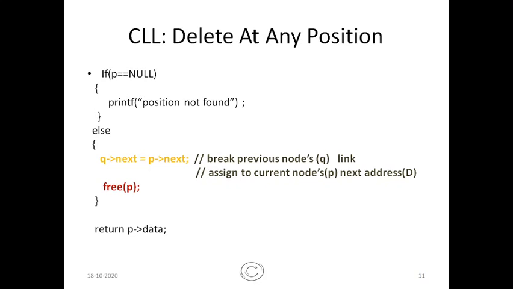In a single linked list, you check that the last node's next address is null. Okay, so we have successfully deleted a node at any position in the circular linked list. Now in the next section we'll see some applications of circular linked list. Then we'll go to circular linked list using doubly linked list.